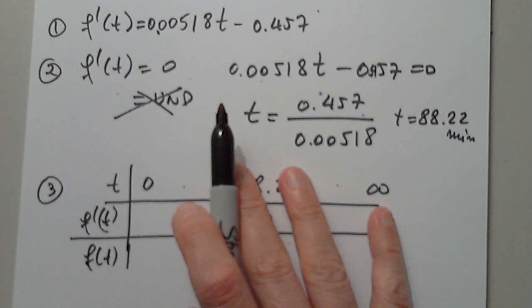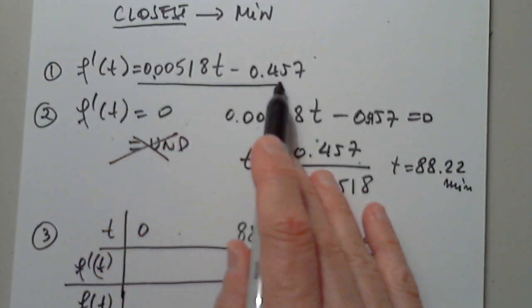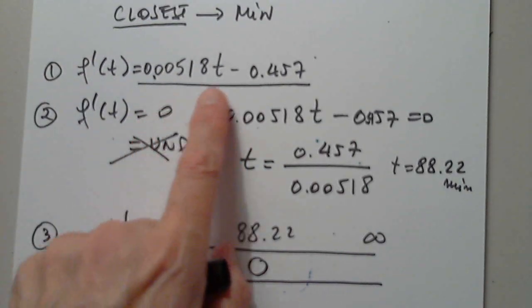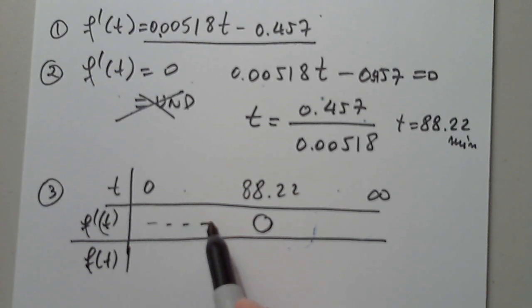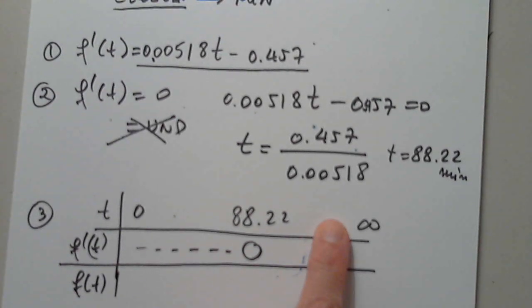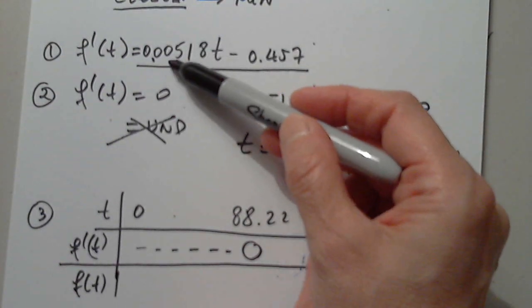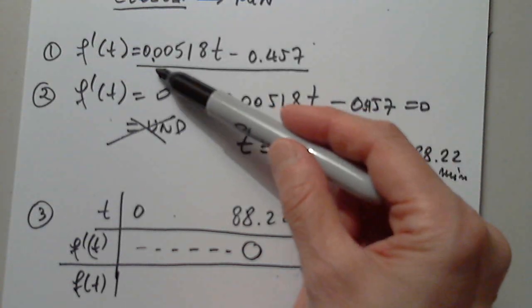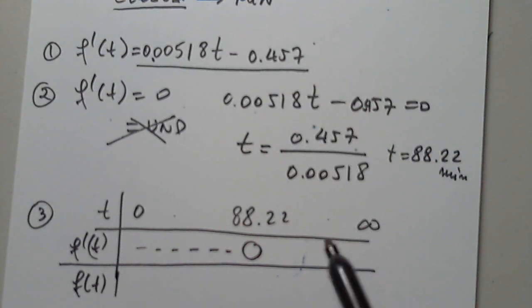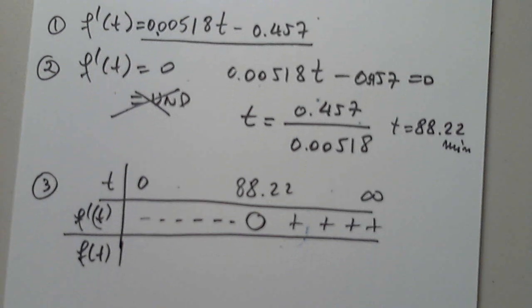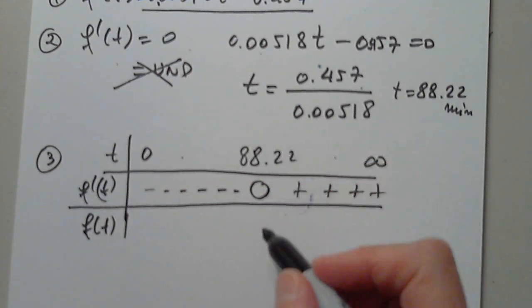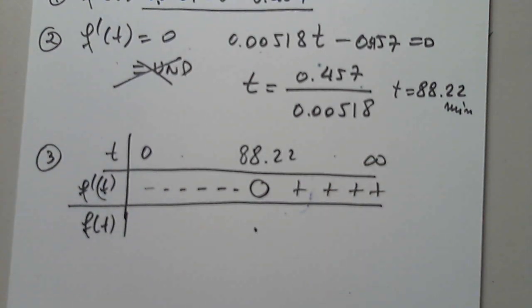In f prime of t, which is this, I would plug in 0, and I get a negative number. I would plug in 100 or 1,000, and I get a positive number. In the function, I have to plug in 88.22, which is not a pleasant situation, but I have to do it.